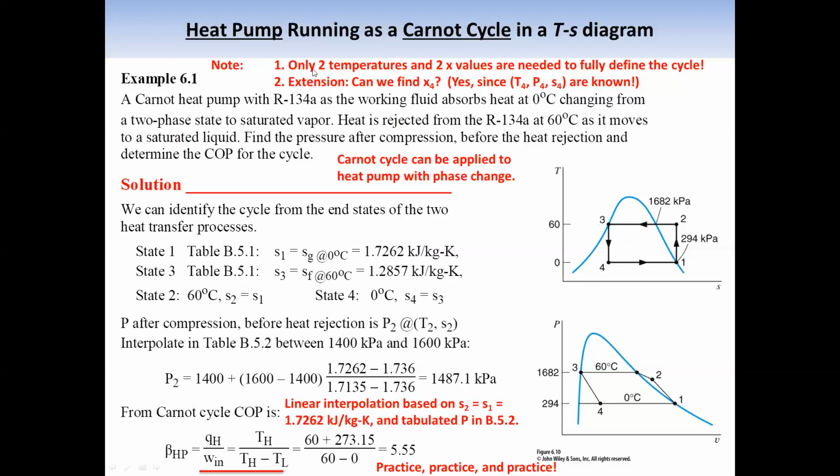That's why I said at the outset, only 2 temperatures and the 2 x values need to define the full cyclic process. And we can dig out the entropy for these 4 points from the table.